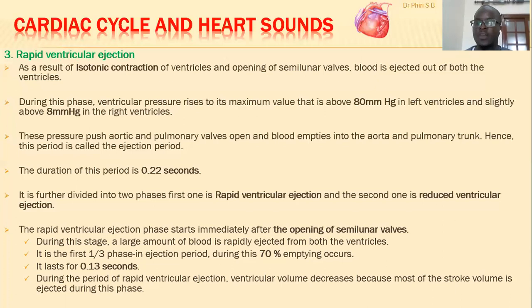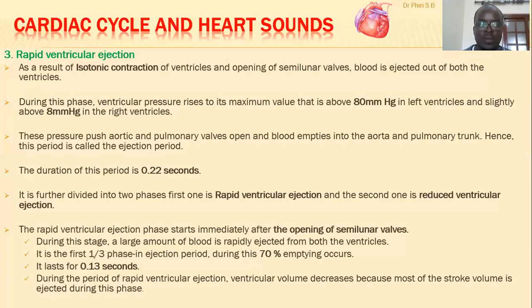During this, about 70% emptying occurs. So the actual rapid ventricular ejection phase lasts about 0.13 seconds.